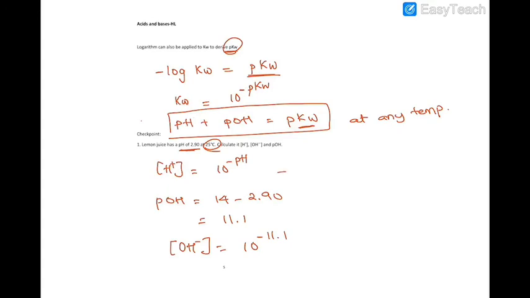Of course, you're going to calculate the value, don't just leave it like that. So 7.94 times 10 to the power of minus 12. Here I have 1.26 times 10 to the power of minus 3.